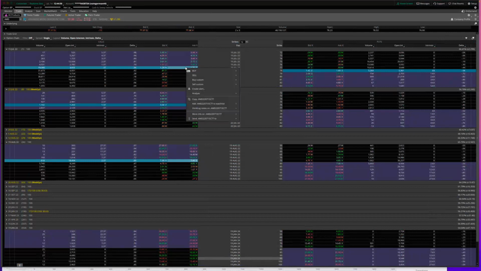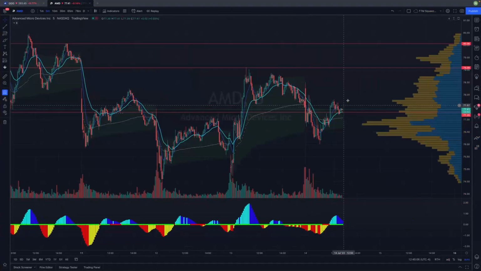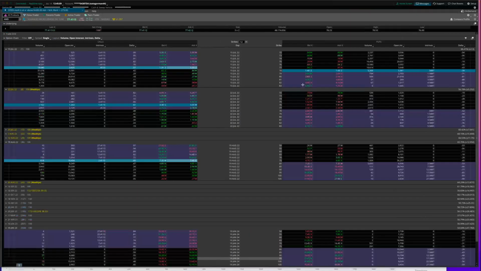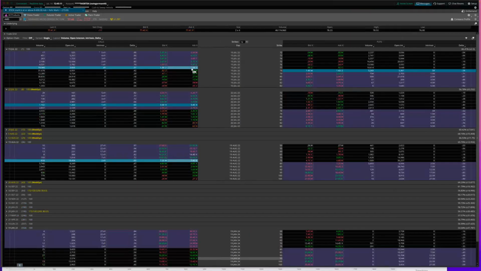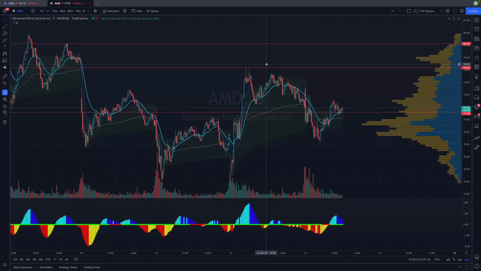I could buy 6 or 7 contracts, and now I'm controlling 600 shares of AMD. However, I need that move to happen quickly, or else I'm risking very quick theta decay, especially if I hold these overnight. That theta decay will bring the price of these down. So the closer you are to expiration, the more you need that movement to happen.